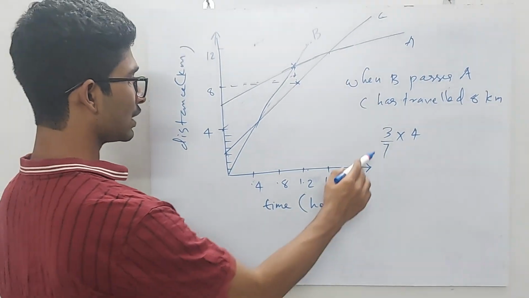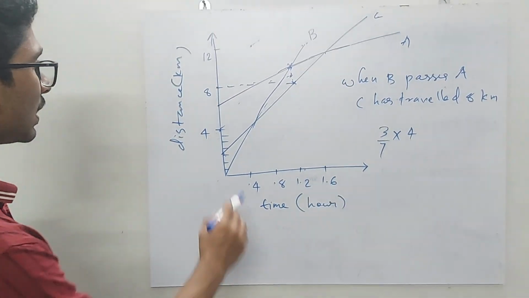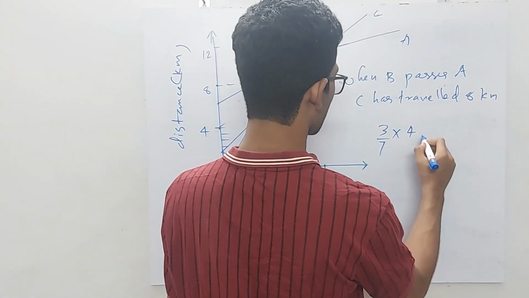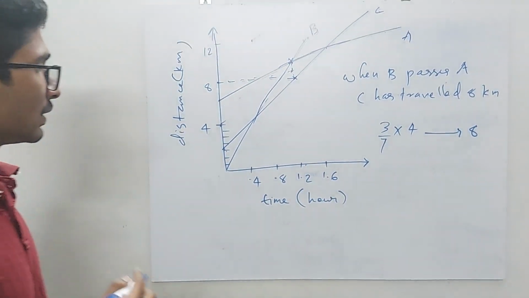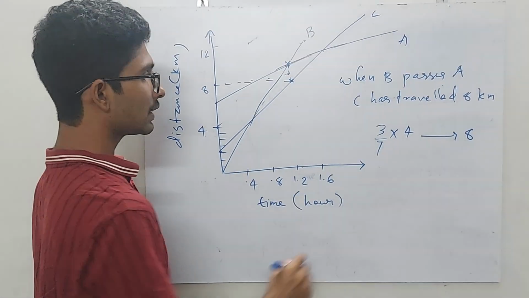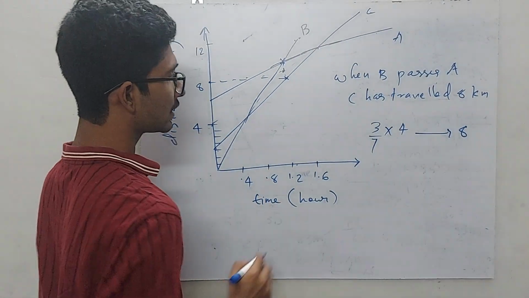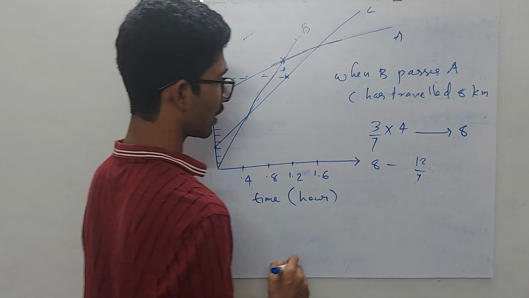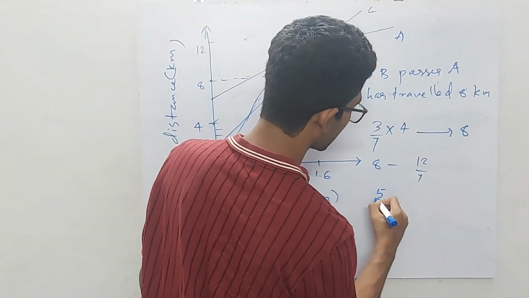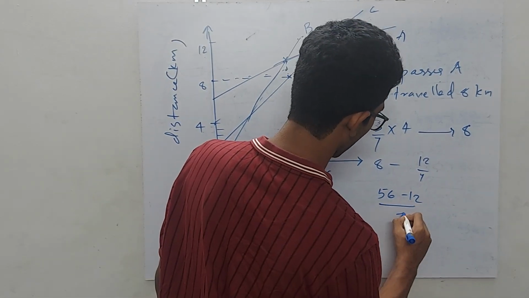Anyway, that is the initial position of C. From this position it has reached 8. So the distance that it has traveled, this is the initial point of C, and this is the final point of C. So the distance it has traveled is 8 minus 12 by 7. Okay. So that would be 56 minus 12 by 7.